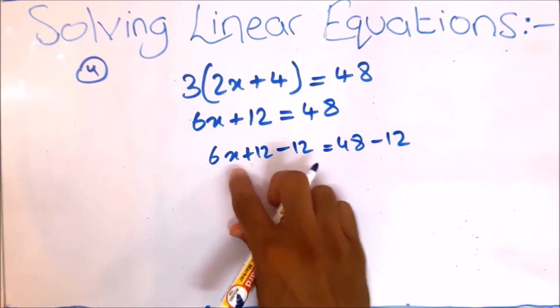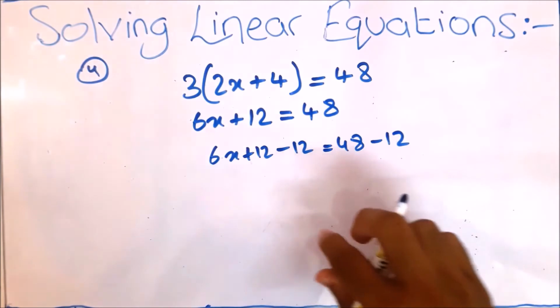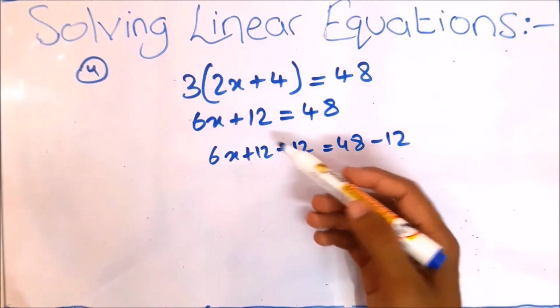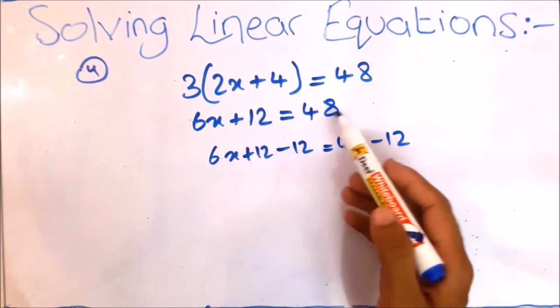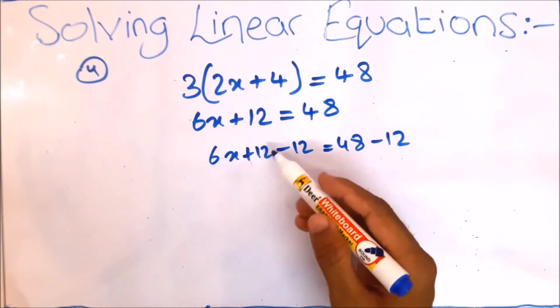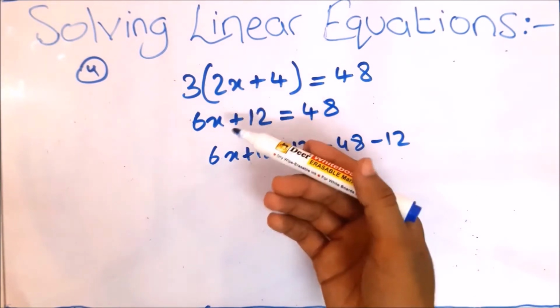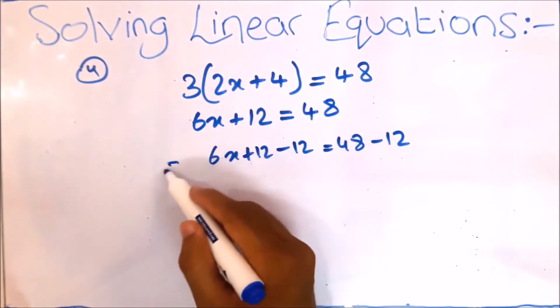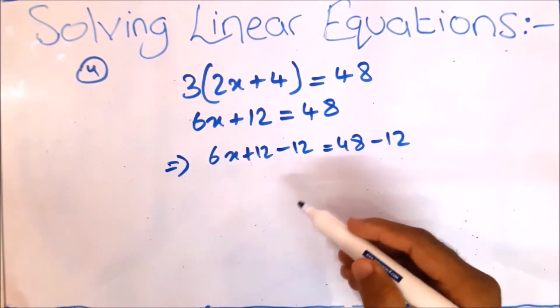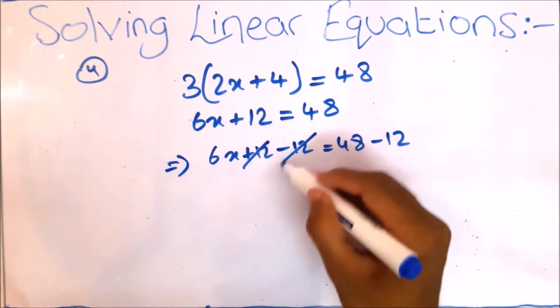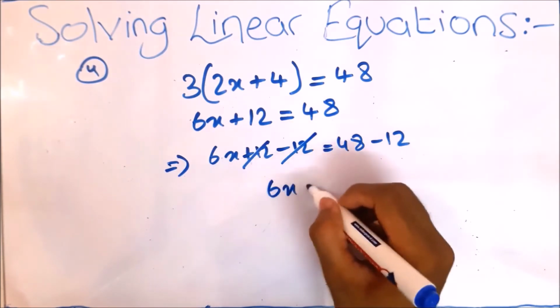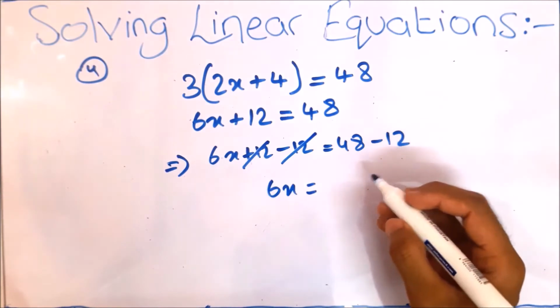Since we have been practicing 3 questions, we can skip this step, because we know when we subtract 12 from here, it just gives us 0. So we just don't write it again and again. In the next example, we won't be doing that. To get our hands on it, let's cancel these out. 6x is equal to 48 minus 12.